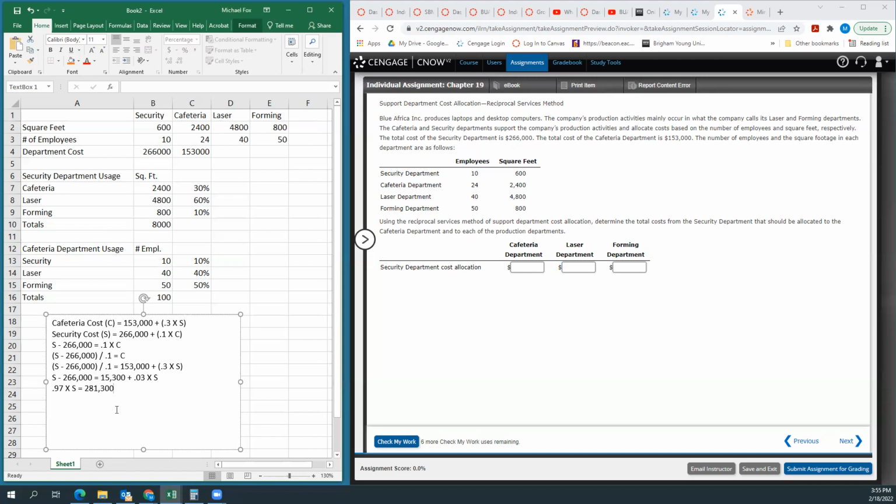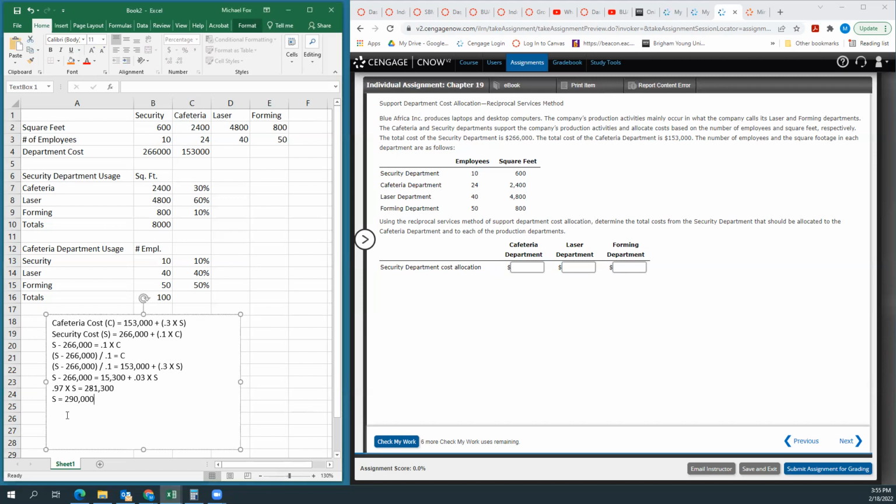And then all I've got to do is divide both sides by 0.97, and I'm left with S equals 290,000. Honestly, that's a real pain, but I don't know any other way to find the answer here, except to go through this algebraically and work out the extra variable using algebra.